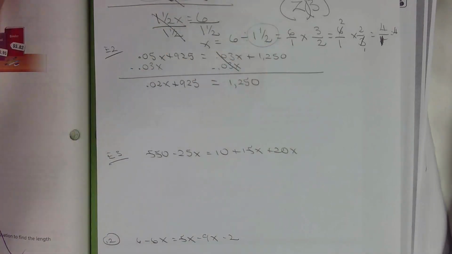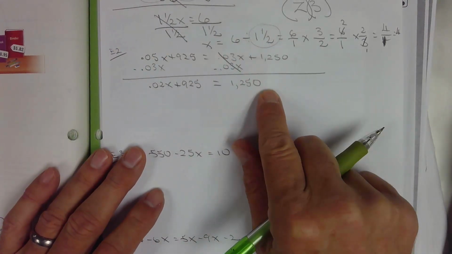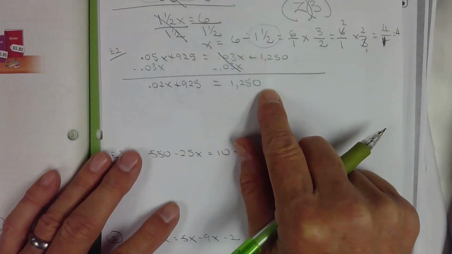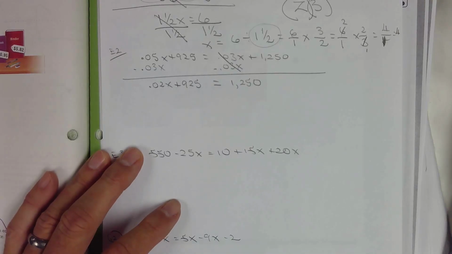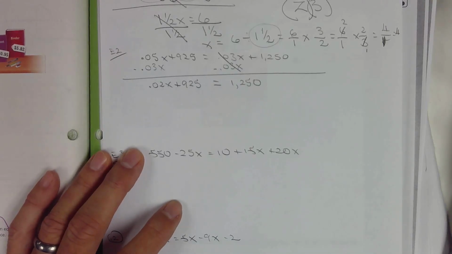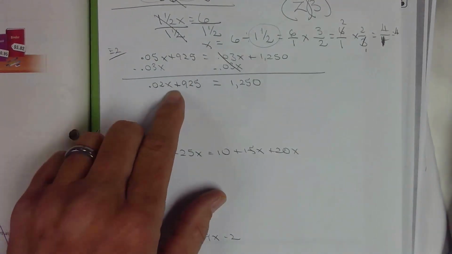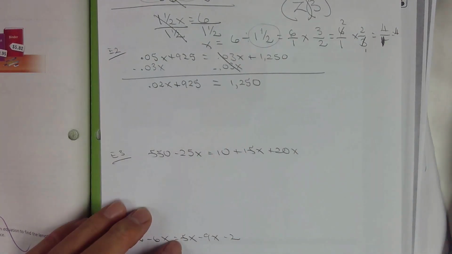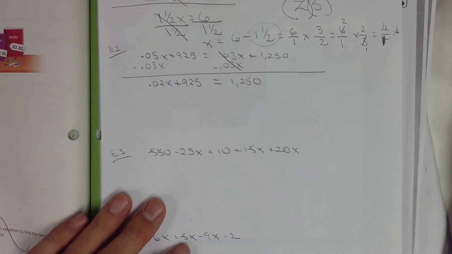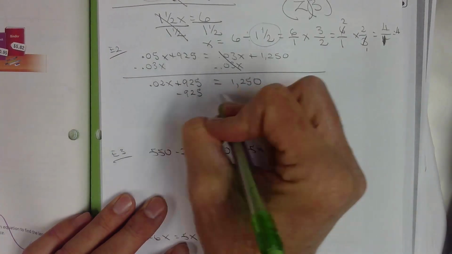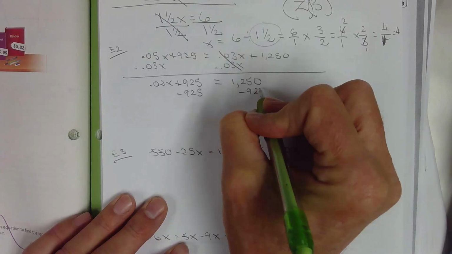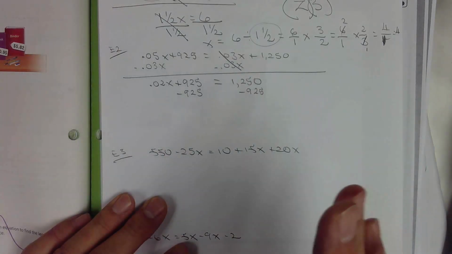Mr. Harsh, what could I do next to solve this? Not yet, not yet. You're getting ahead of yourself. Ms. Lagarbo, what's the next step to solve this? You subtract 925. That's what I would do. I would subtract 925. Whatever you do on one side of the equation, you do on the other.